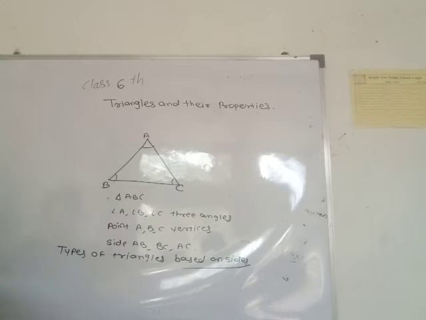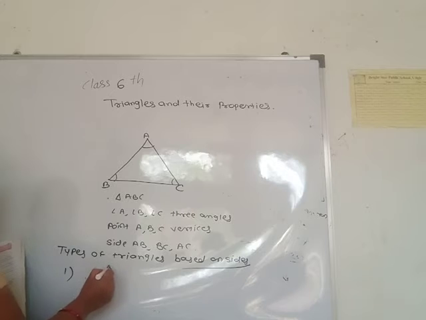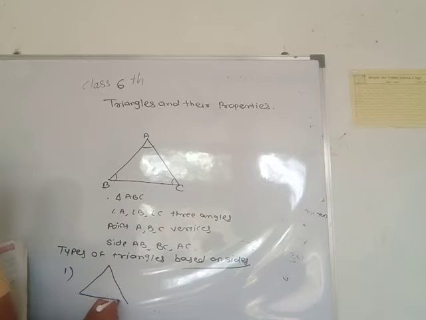Then see the first figure, the equilateral triangle ABC: all sides are equal. A triangle with all 3 sides equal is called an equilateral triangle.